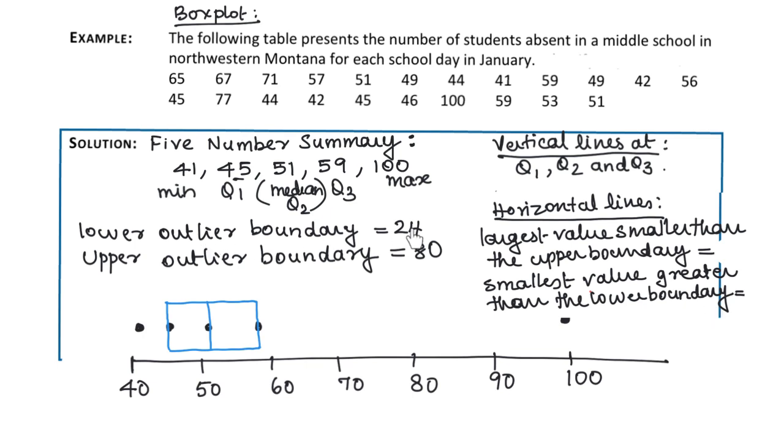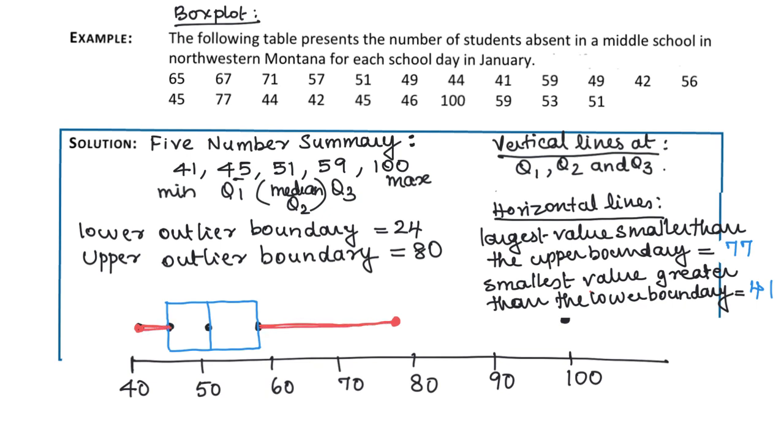The lower boundary is 24. We need to find the smallest value greater than that. The smallest value greater than 24 in this list is 41. So, now mark 41 and 77. 77 is left side of 80. Then join these using a horizontal line.